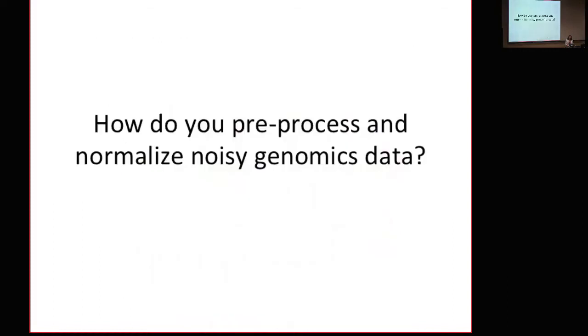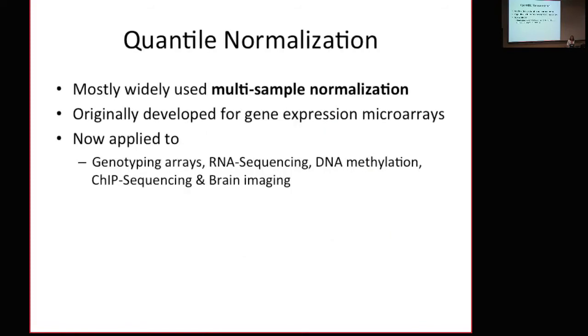Okay, so how do you take this data that contains batch effects, that's noisy, and process it? I'm going to skip all the standard normalization. I'm just going to cut right to the one that most people use. It's called quantile normalization. It's by far the most widely used method for multi-sample normalization, so having 2 or more samples, not just one sample.